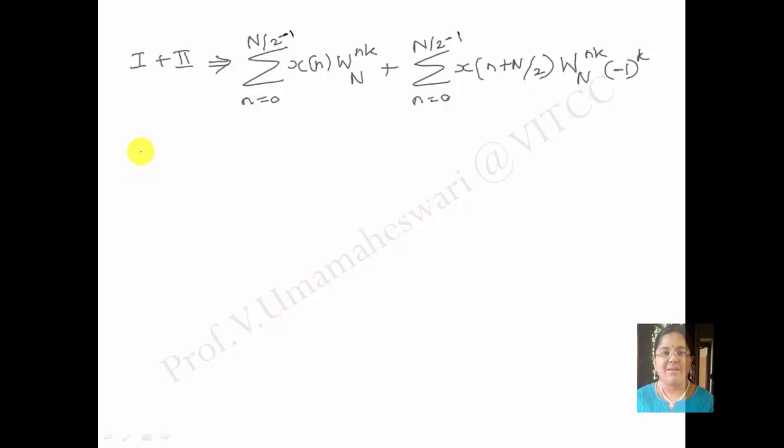Now if I have to combine, I have to take X of 2k separately and X of 2k plus 1 separately, right?